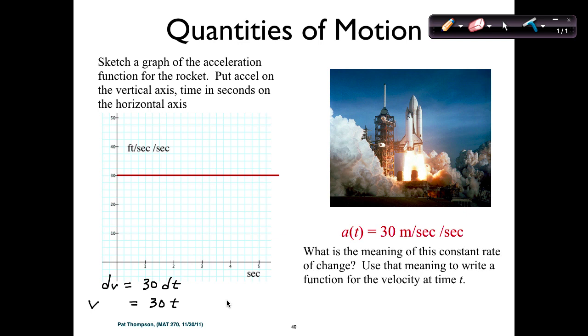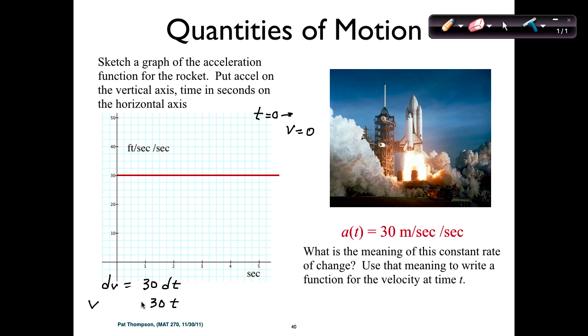That's not always safe. You can't always do that. But then you could have a constant. Yes. Because it starts at 0 meters per second. Right. So when t equals 0, v equals 0. And so you can think of these changes as since 0. And because of that, we can also say that v equals 30t.